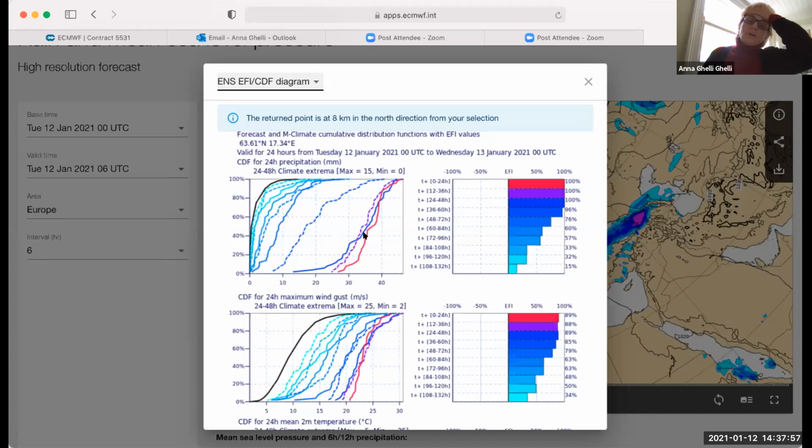So you have 40% of your members, nearly half of your members, a bit less, saying that the precipitation will be less than 35, and 60% of your members saying that the precipitation is going to be more than 35 millimeters. And this is how you go from your EFI with your colored map, to a CDF, to your thresholds.